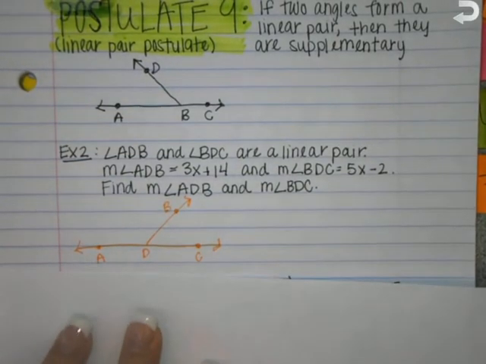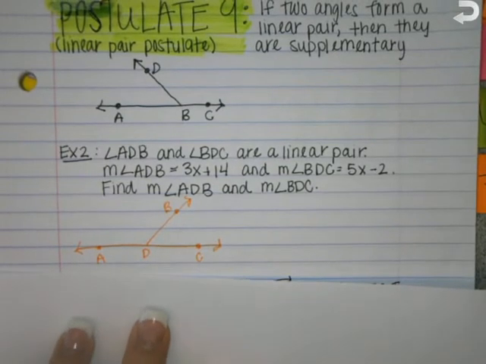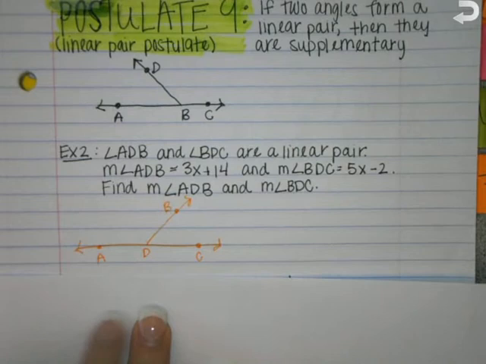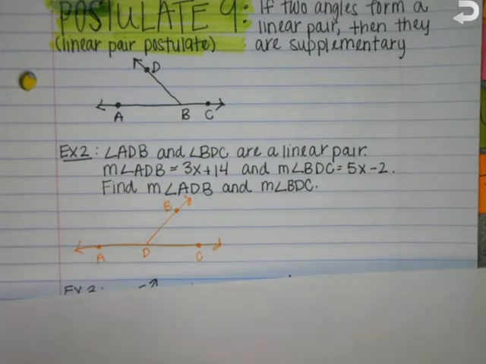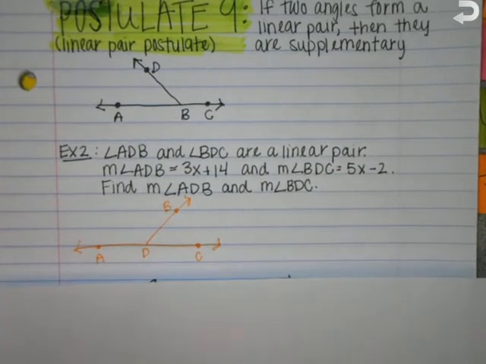No. Not really, because we don't know what the measures are. So we're just making an educated guess to help us visualize what's going on, okay? So if your picture doesn't necessarily match what's going on, it's okay. Or you can change where the points are if it really bothers you, okay?